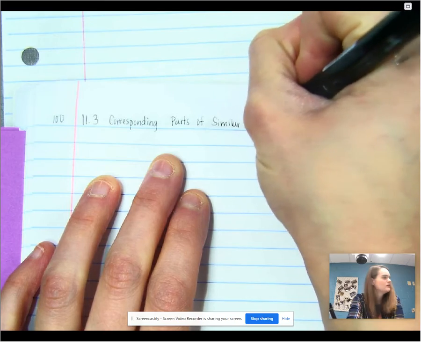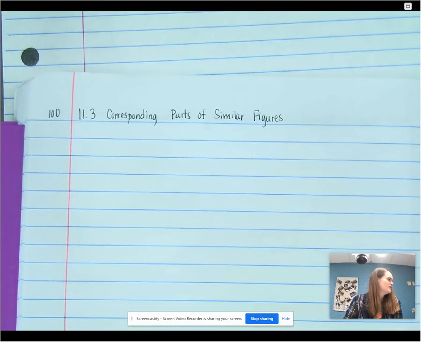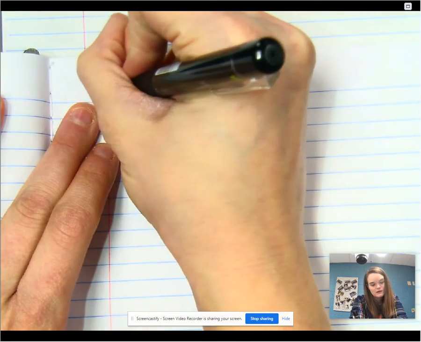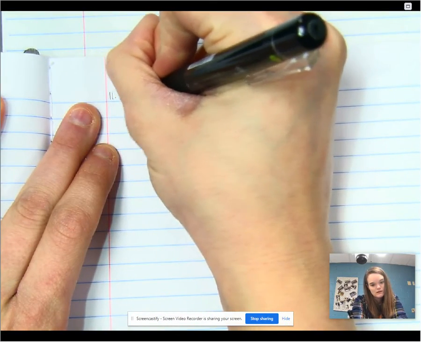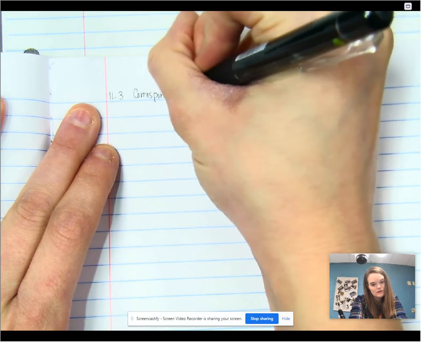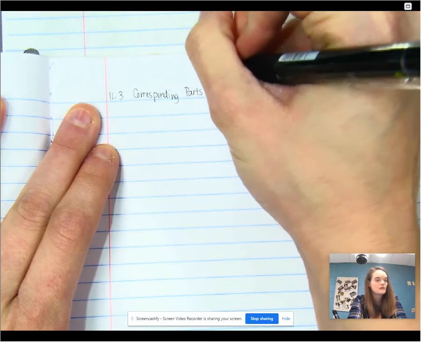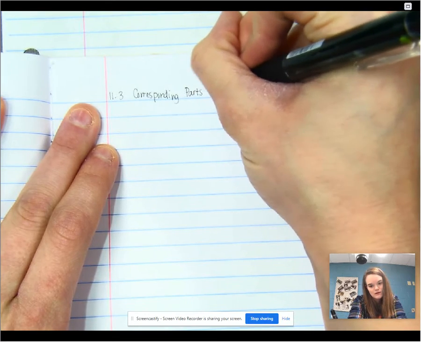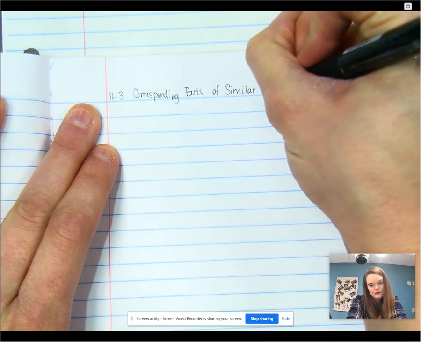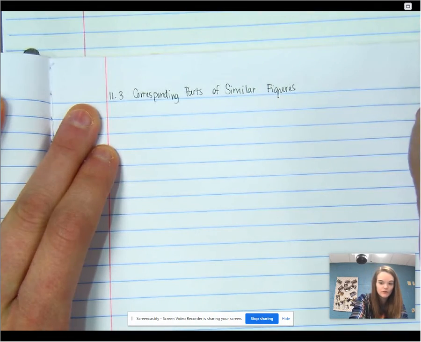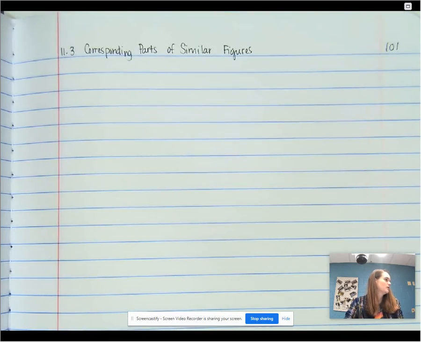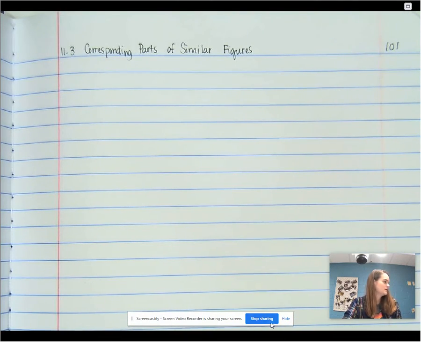So that's on 100, and 101 has the exact same title. Okay, so we'll get started on the foldables that go with this lesson. That's 101. We'll come back and glue those in right here in a little bit.